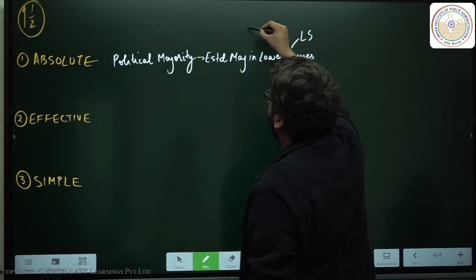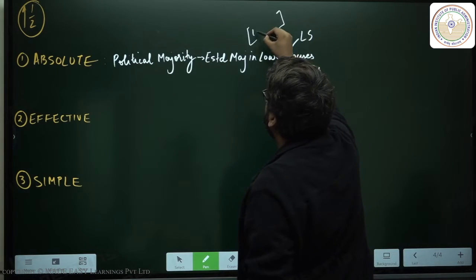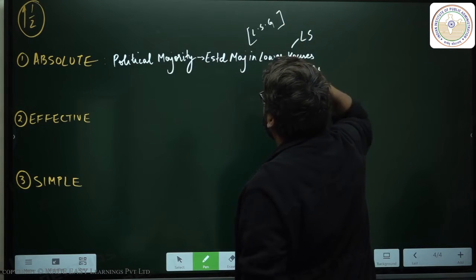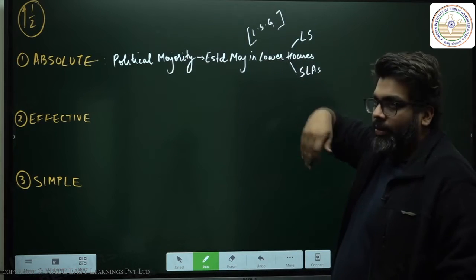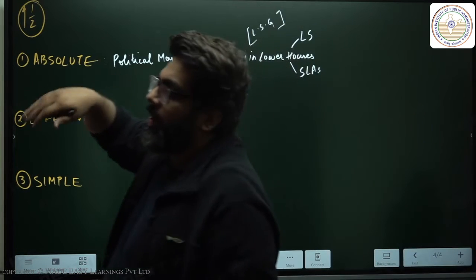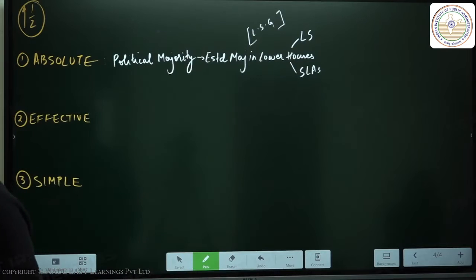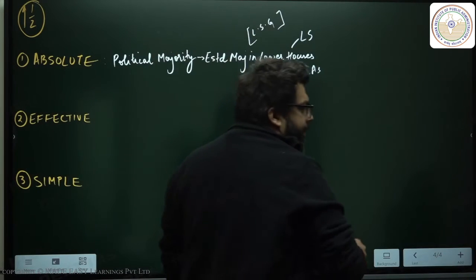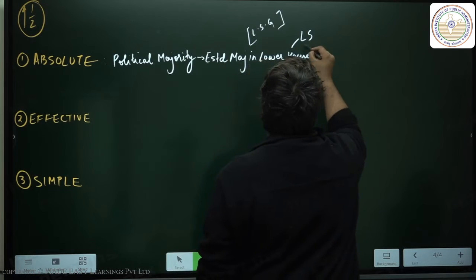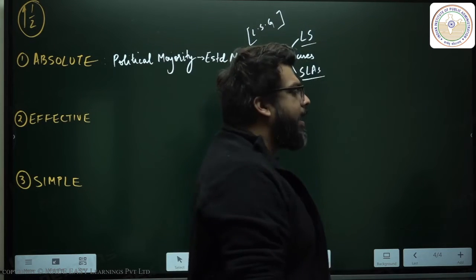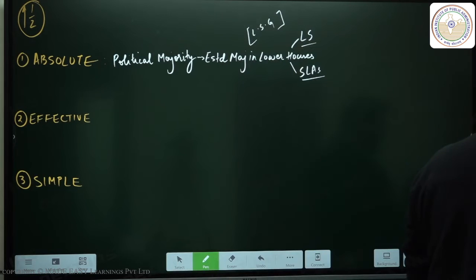This also by extension has started to be used in local self-government, in your Gram Sabhas and in your block panchayat samitis and your zilla parishads as well. But from a parliamentary point of view, they're primarily being used in the Lok Sabha and the state legislative assemblies.